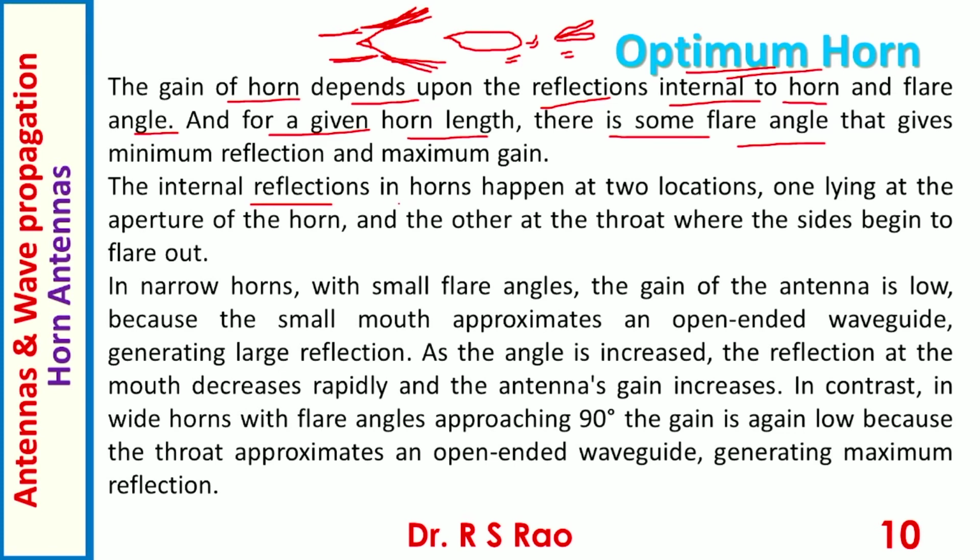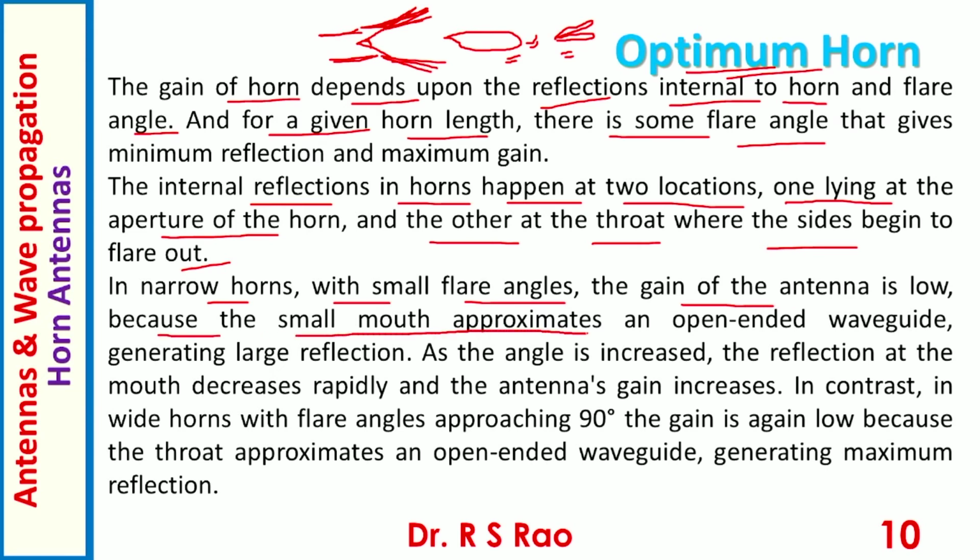The internal reflections in horns happen at two locations, one lying at the aperture of the antenna and the other at the throat, where the sides begin to flare out. In narrow horns with small flare angles, the gain of the antenna is low because the small mouth approximates an open-ended waveguide, generating a large reflection.